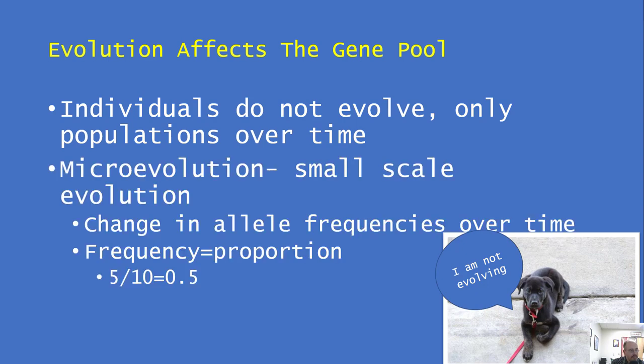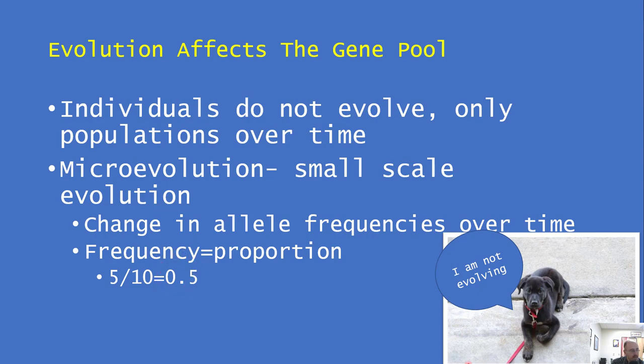Populations evolve over time. And this chapter focuses on what we might call microevolution, which is small scale or population level evolution. So changes in allele or possibly genotype frequencies as well over time. Now, a frequency, once again, is a proportion. For example, if 5 out of 10 individuals in a population have the CR allele, that would be a frequency of 0.5 or 50%.